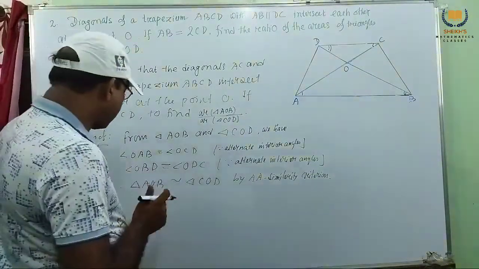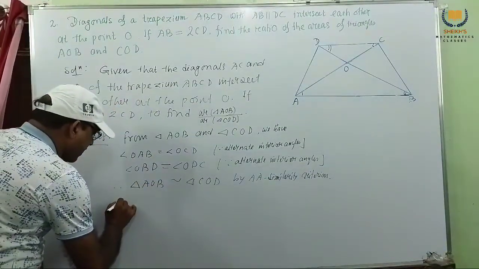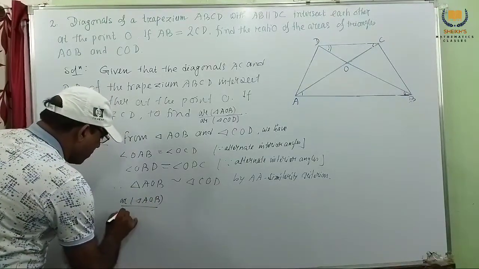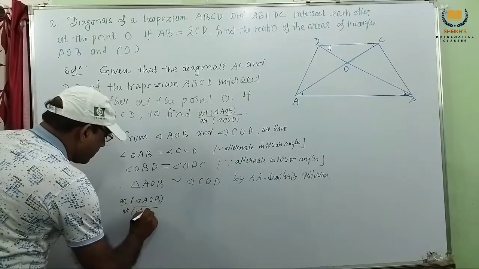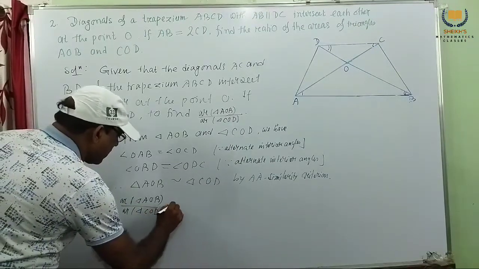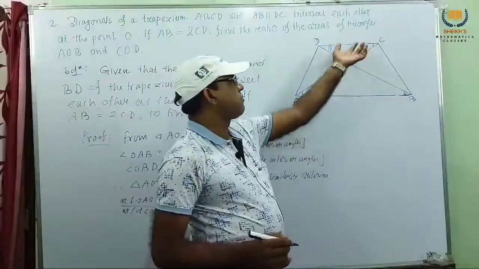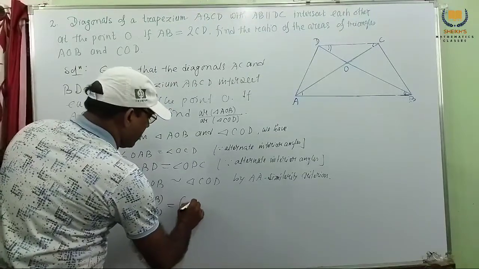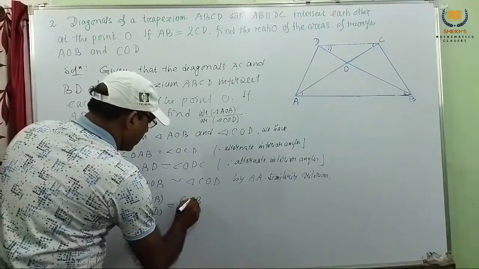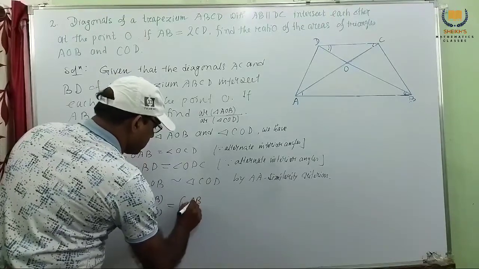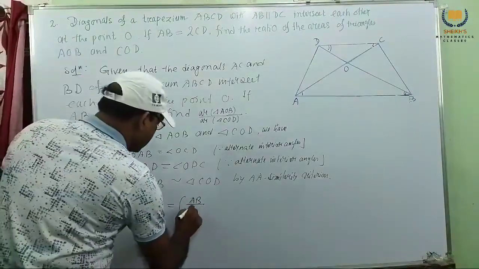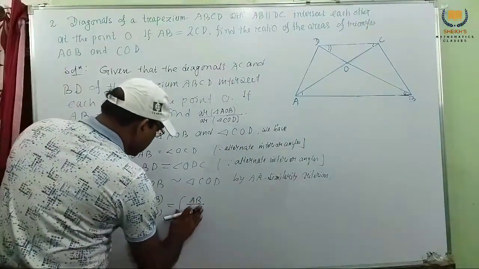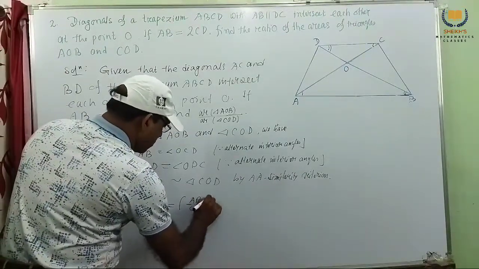Area of triangle AOB by area of triangle COD equal to this side by this side whole square. We can write AB by CD whole square.